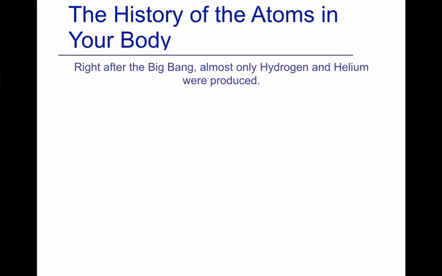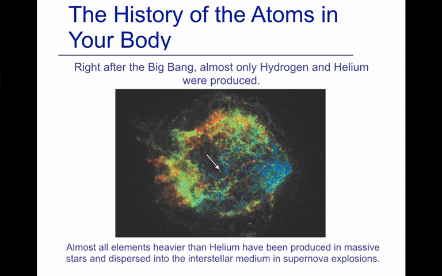But right after the Big Bang, the start of the universe, there was mostly just hydrogen and helium. So you kind of wonder, well, how did we get all this carbon and oxygen and stuff? That all happened inside of other stars. So everything that makes up your body, other than hydrogen and helium, was formed inside of another star.